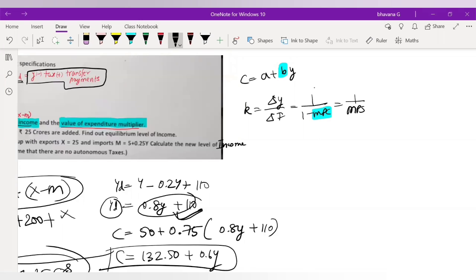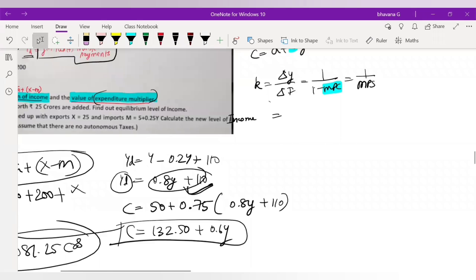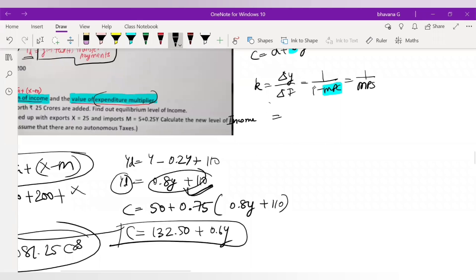So how will you find out the expenditure multiplier? It is the same way you find your investment multiplier. Since we have our MPC, you can find it directly. What was our MPC in the consumption function?